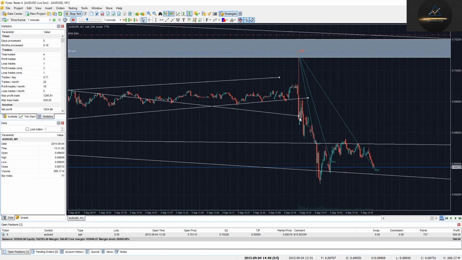You see that? 1, 2, 3. So this is a good place to potentially look for longs for a counter trend trade. So I'm going to hold on to this up here. I'm going to move it to break even, this short, and now I'm going to look for a long.